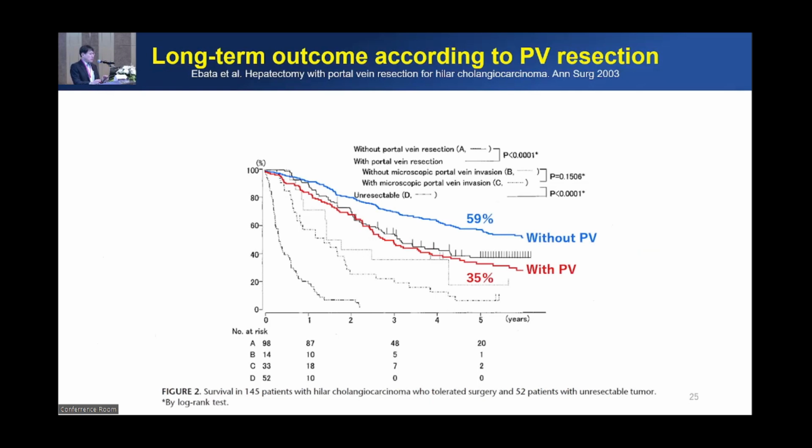Portal vein resection cases have a 35% survival rate at 5 years, and without it, 59%. So portal vein resection and reconstruction is technically demanding, but the short-term and long-term results are improving in a step-by-step manner.